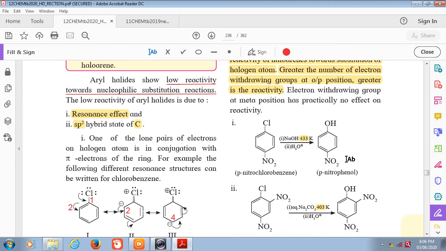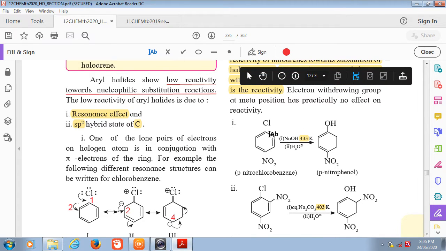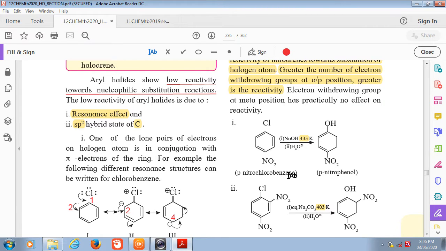Let us see the reaction. Para-nitrochlorobenzene reacts with NaOH and the Cl gets substituted by OH. So it is nucleophilic substitution followed by hydrolysis. This reaction takes place at 413 Kelvin if there is one NO2 group at the para position.